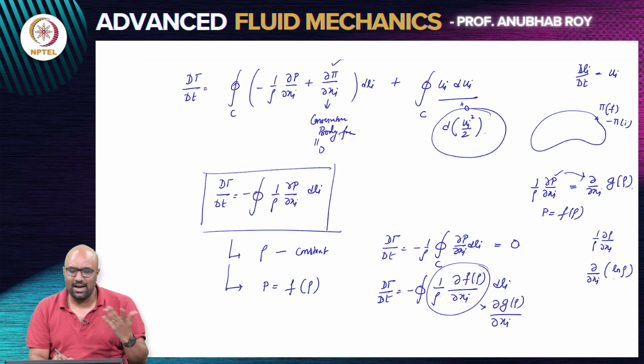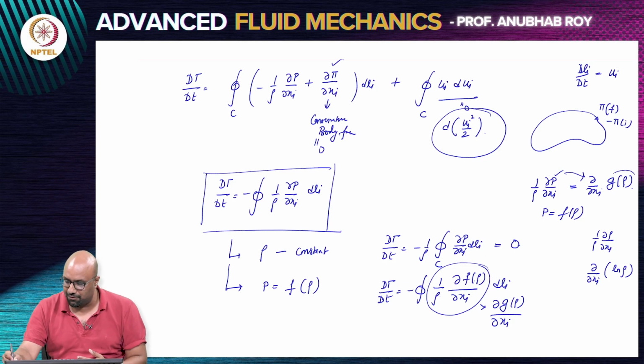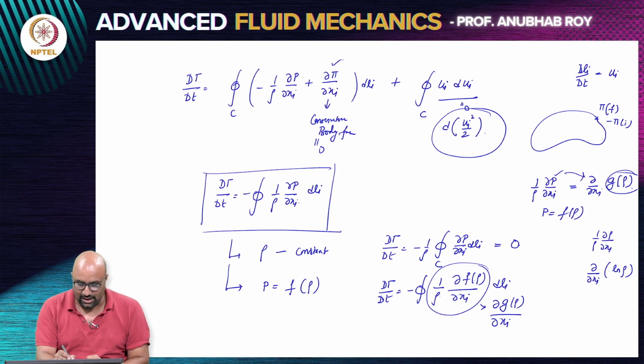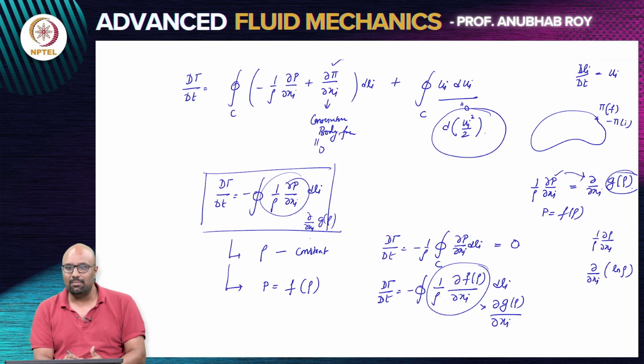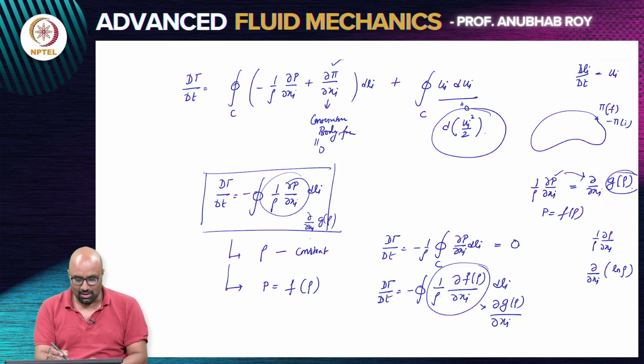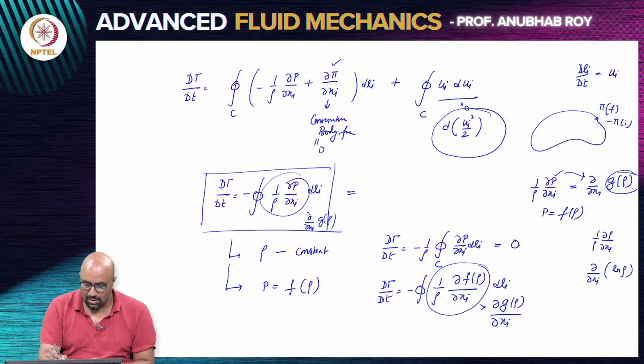You can define any functional form of density the moment you make this strong statement that pressure is purely a function of density and nothing else. When pressure is purely a function of density, this integral can be expressed as a gradient of some quantity, and the moment you express it as a gradient, you are in business, because then this becomes 0.